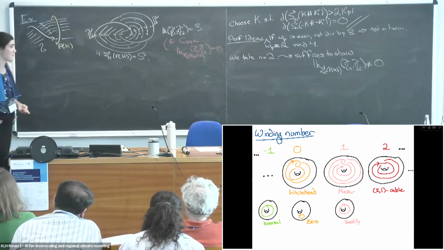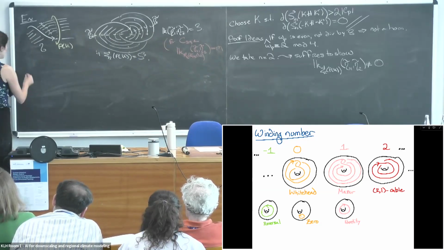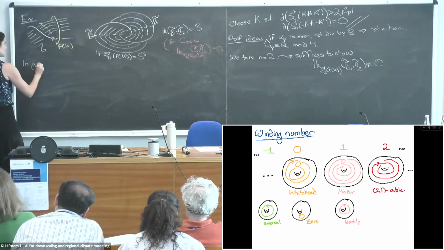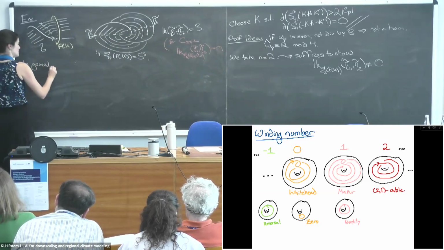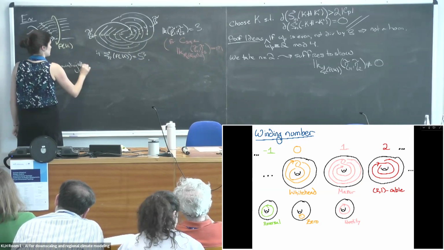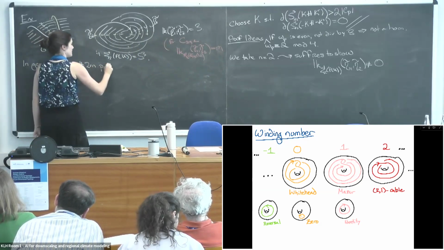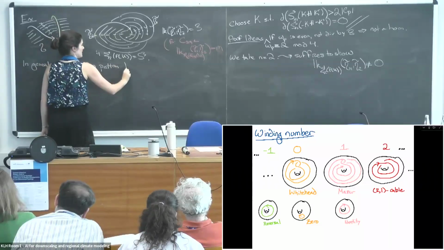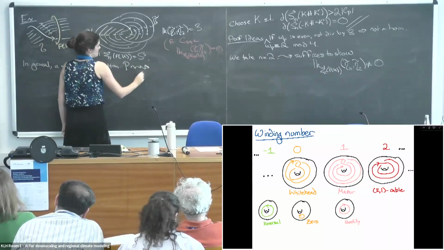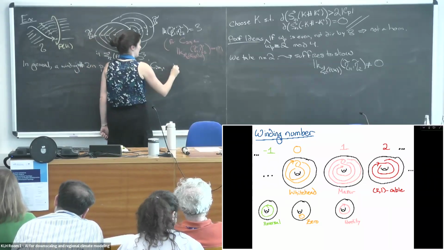So, okay, how does the rest of the proof go? It actually goes by relating it to this, which is also part of why I wrote it. In general, a winding number 2m pattern P can be converted to the (2m,1) cable by crossing changes.